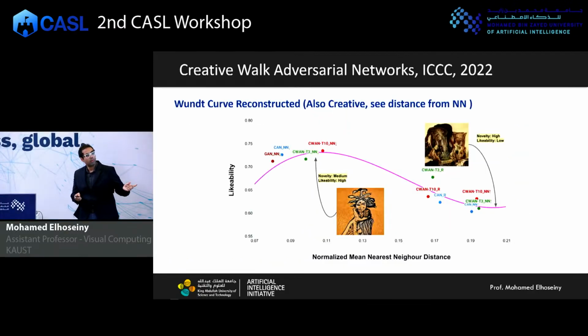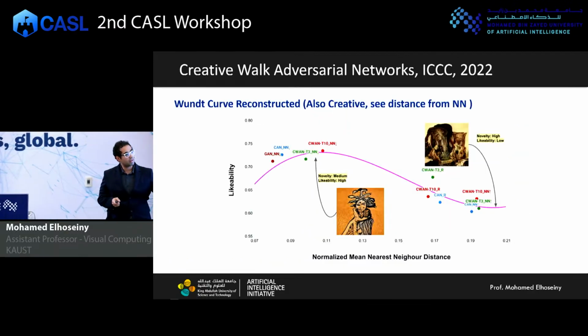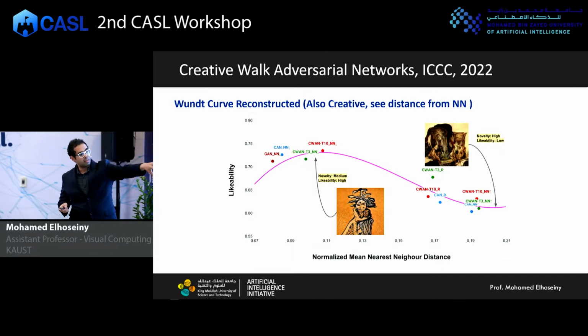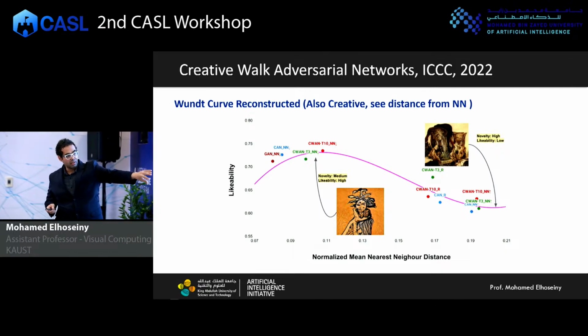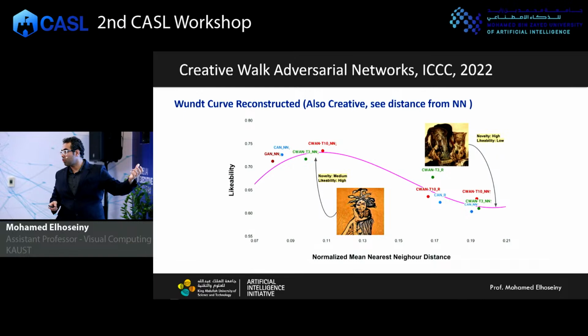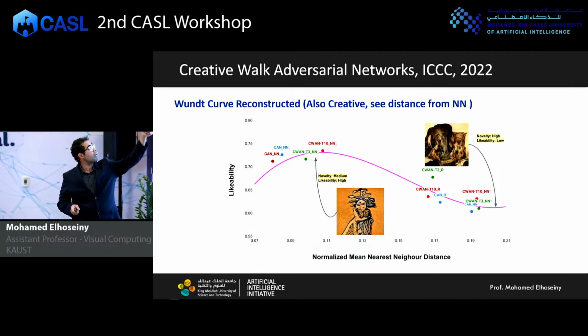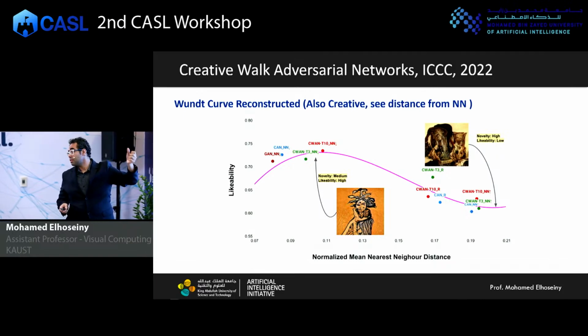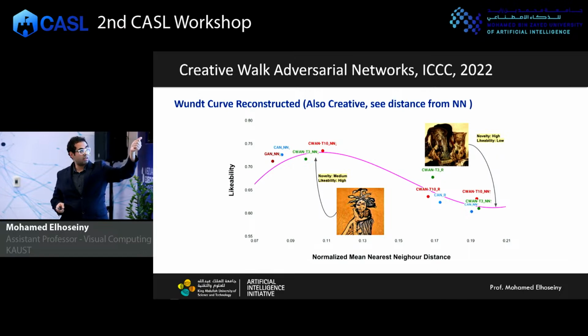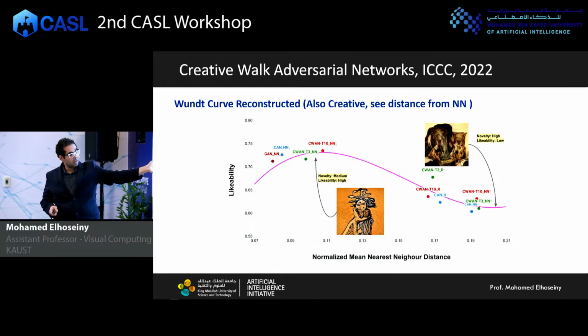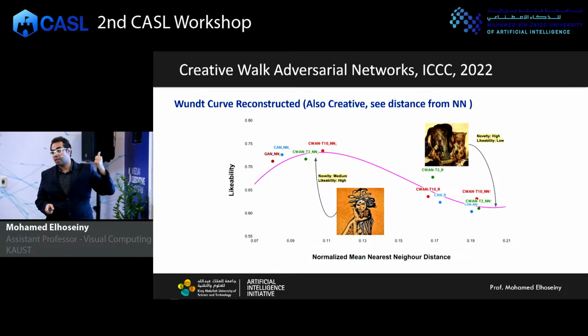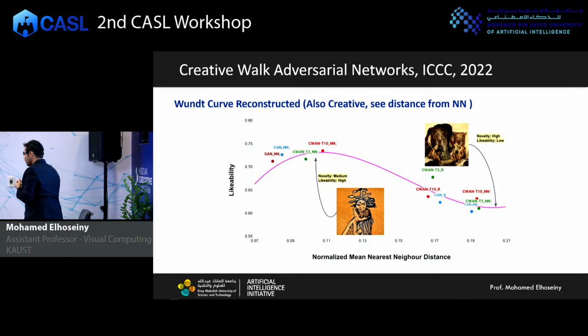So the model is capable of producing images that have a higher nearest neighbor distance from the training set, and this can be used as a metric for novelty. And the y-axis here is likability. So it produces images that are more distant and more likable compared to the baselines.